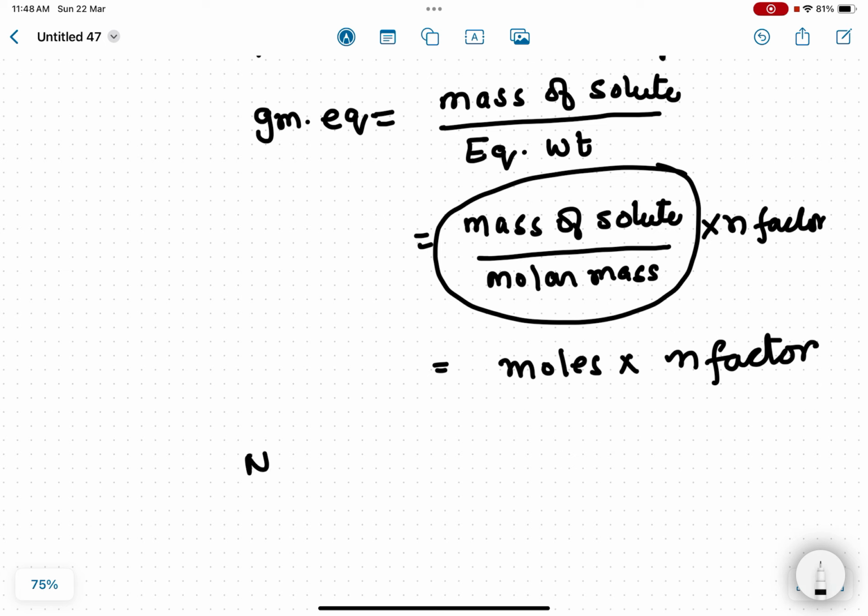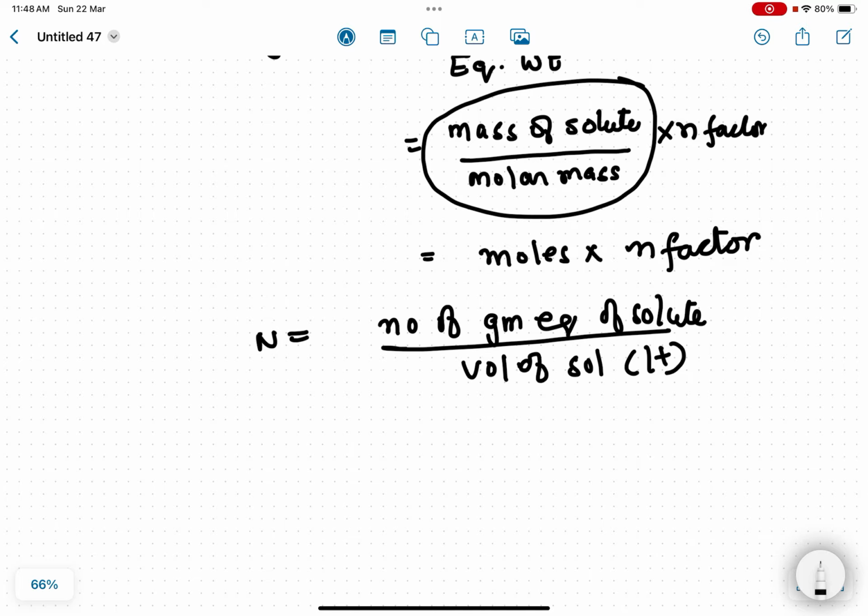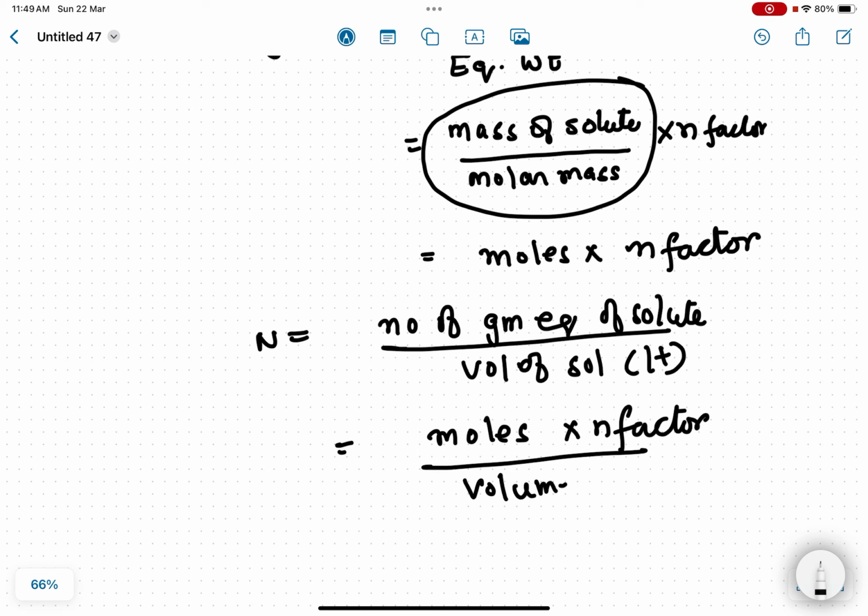So normality, as we define it, is the number of gram equivalents of solute divided by the volume of solution in liter. It can be written as the number of moles of solute times N factor divided by the volume of solution in liter.